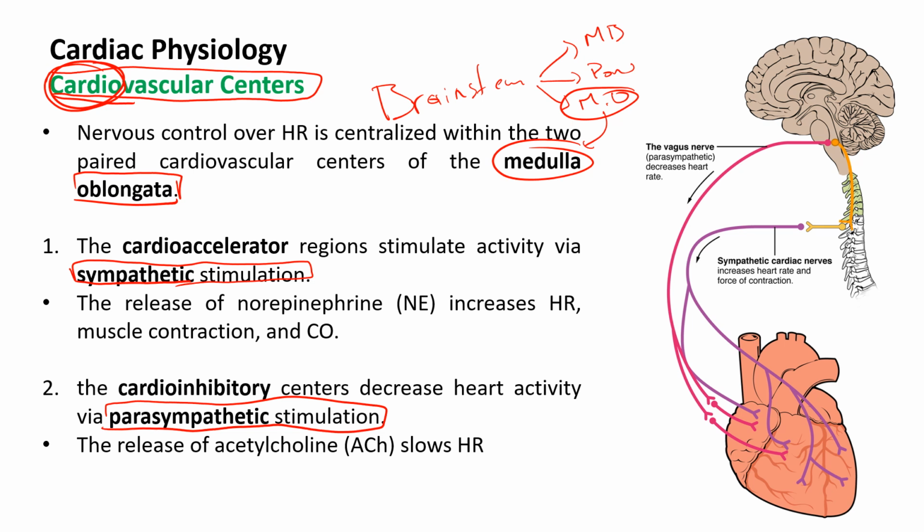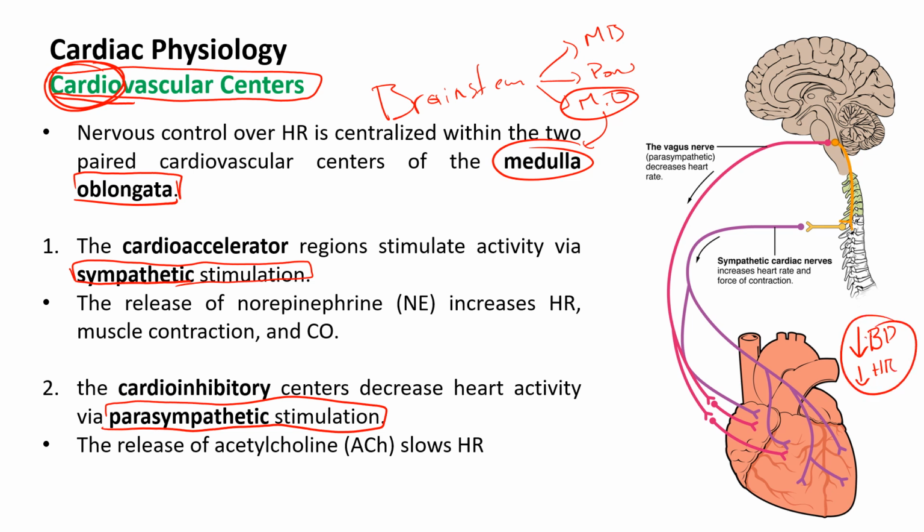Let's say that we have receptors, as we mentioned before, that detect changes in pressure. Those were called baroreceptors. And let's say these receptors detect that your blood pressure drops. So blood pressure has dropped and your heart rate has dropped, right?